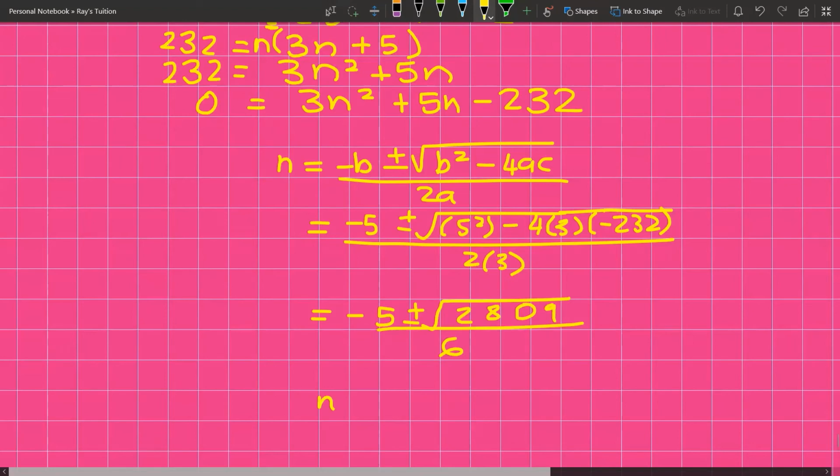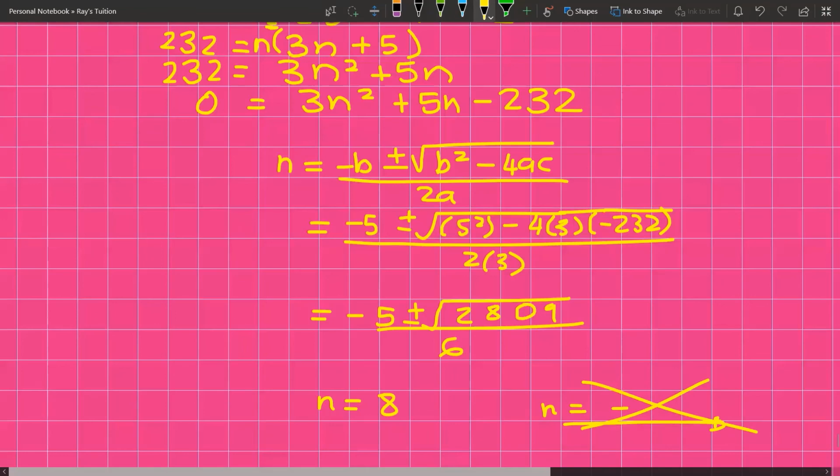So getting our two answers, we get n is equal to 8, or n is equal to some negative number.